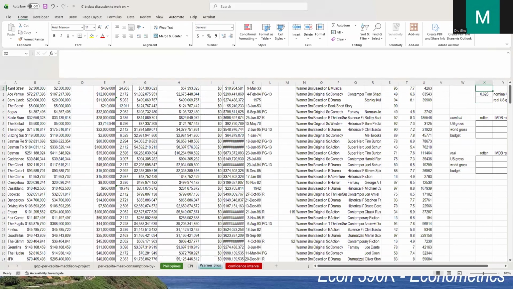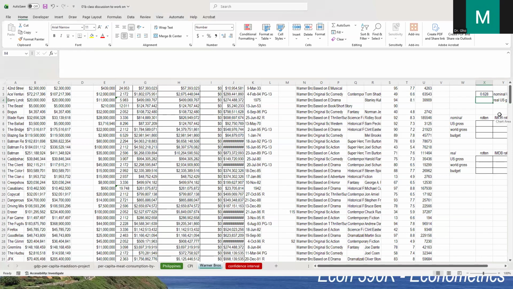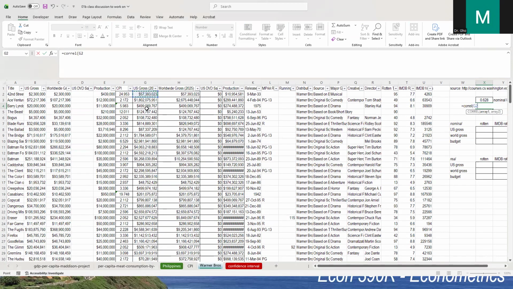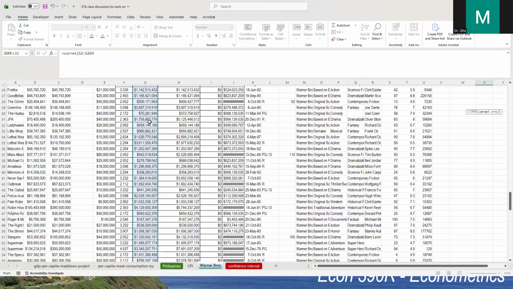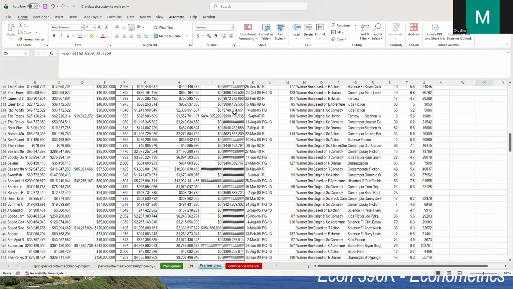Okay, so it looks like it's moderately strong, 0.69, a moderately positive correlation. And let's do that, how about if we adjust it for inflation? Those tickets, and the last one's budget.